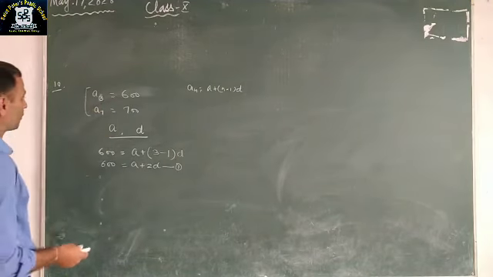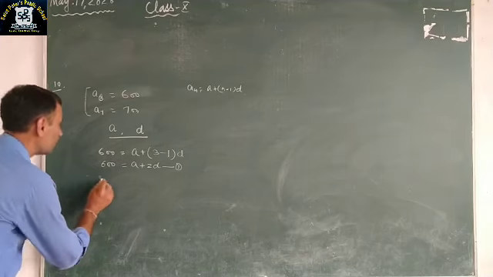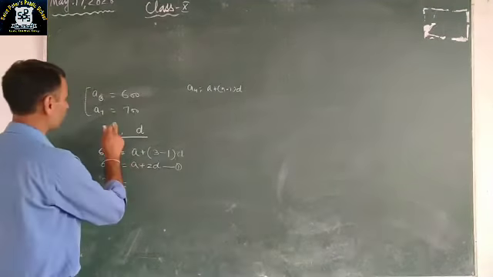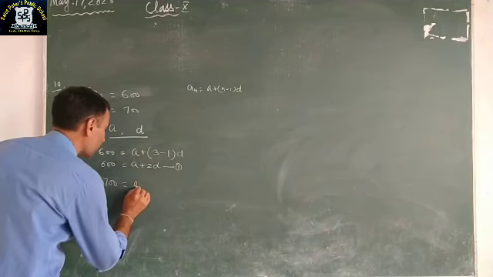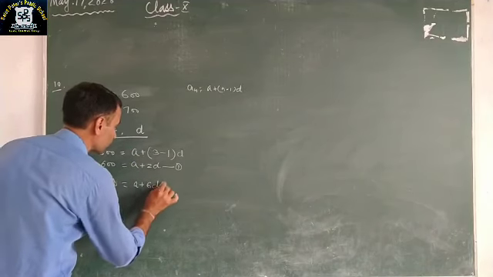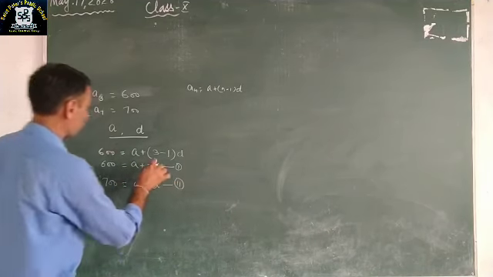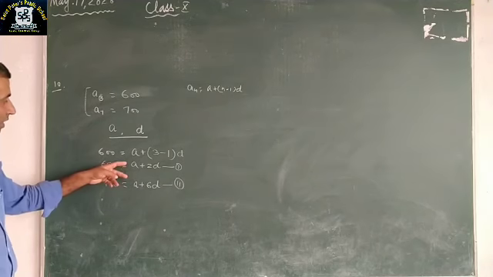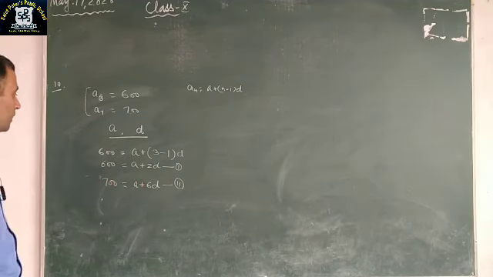And for the production of the 7th year, that's A7, 700 will be equal to, by putting the value of n 7, A plus 6D. By solving these two equations, we will get the value of A and D.